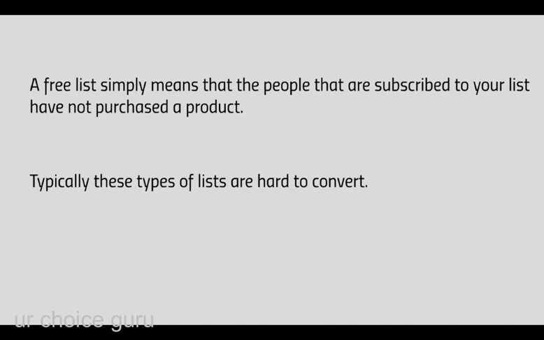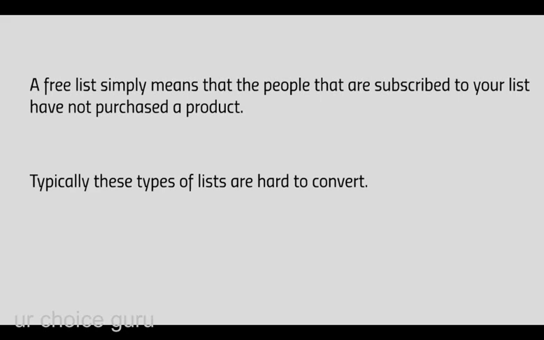Now, typically, these lists are a little bit harder to convert because people do not know you. They have not really put their trust and faith in you. If somebody subscribes and they've purchased from you before, that would be more of a customer type subscriber. But we're talking about people that don't know you.